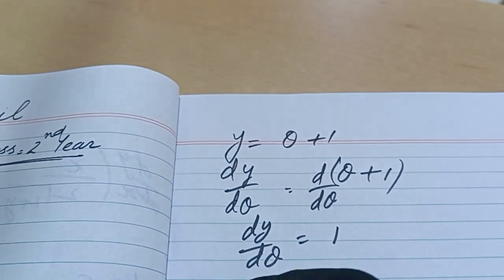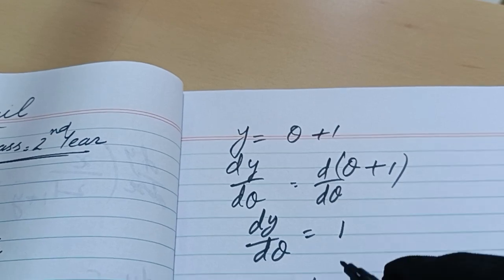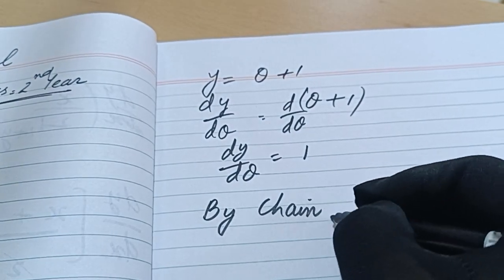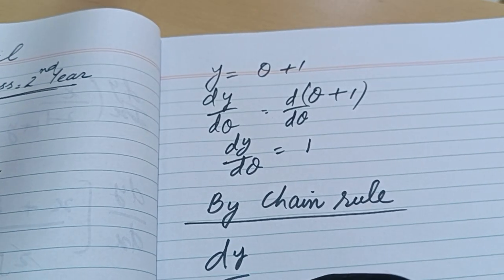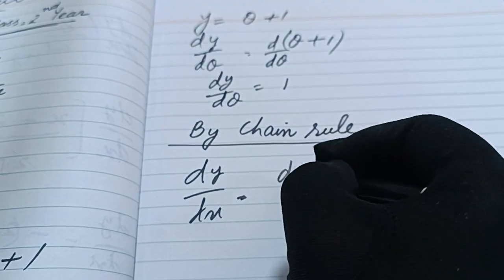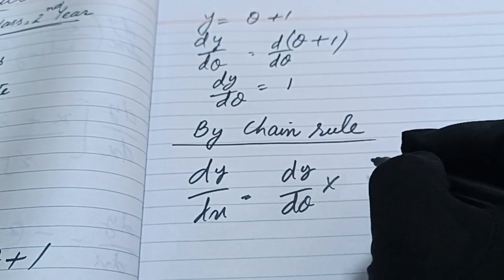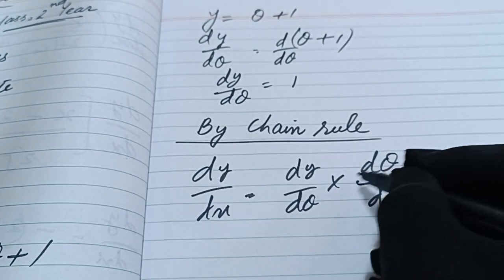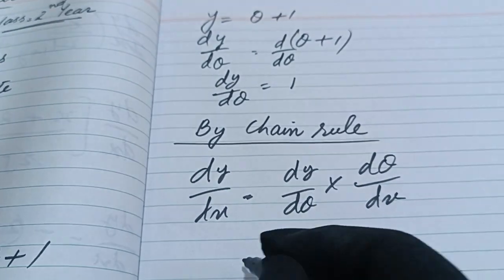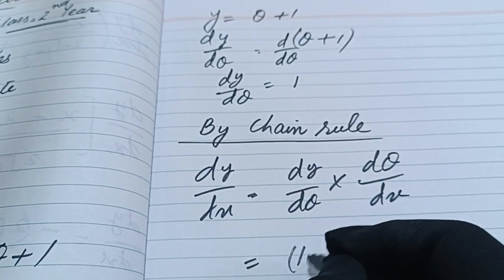Now we have to find dy by dx. So using the chain rule, we need to find dy by dx involving theta. It means dy by d theta and d theta by dx will be there, so the parameter will cancel over here. Put the value of dy by d theta, that is 1.